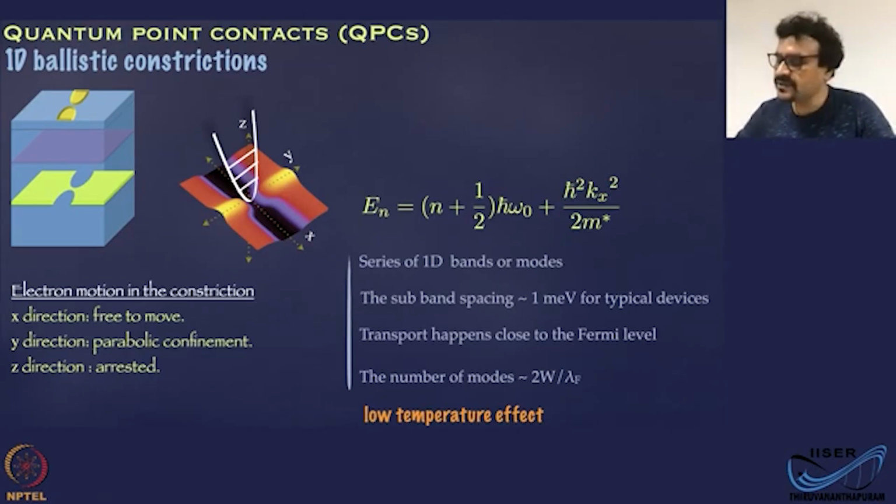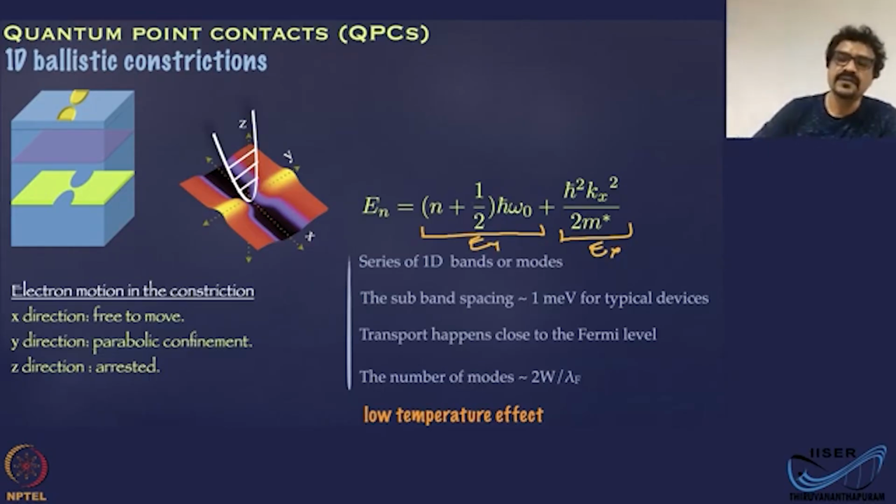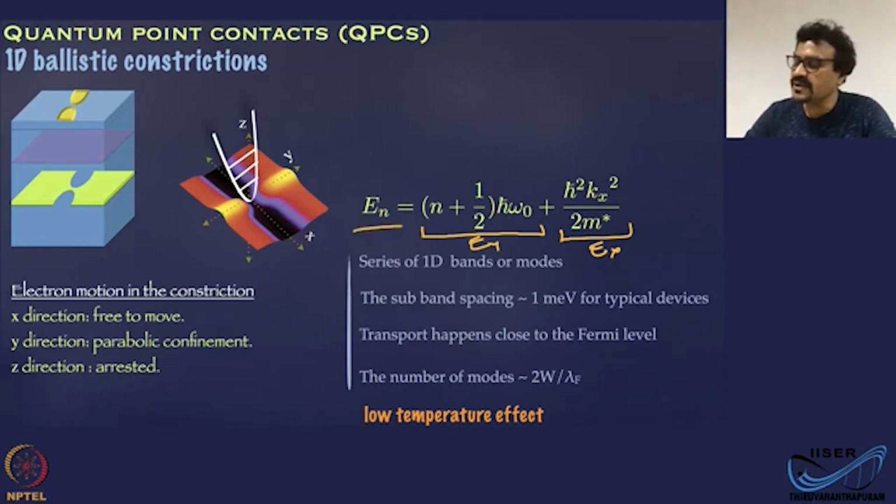So this is the energy along the y direction, and this is the energy because of the motion along the x direction. This is the energy due to the confinement in the y direction. And this is the total energy.